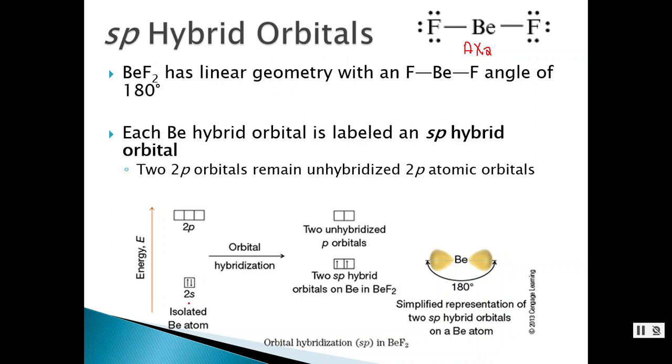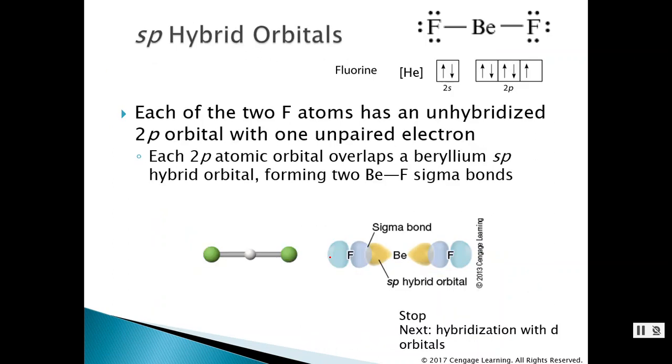Looking at the electron configuration for beryllium, it's hard to see how we can have just 2 bonds, but if we do a hybridization process by taking one 2s electron and taking that 2s orbital that is now singly occupied with one of the 2p orbitals that is now singly occupied with an electron, we get 2 sp hybrid orbitals that are now available to accommodate the p electron in fluorine, which is what we see in the previous slide and is what is seen here.